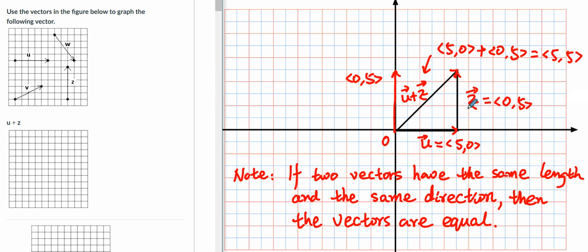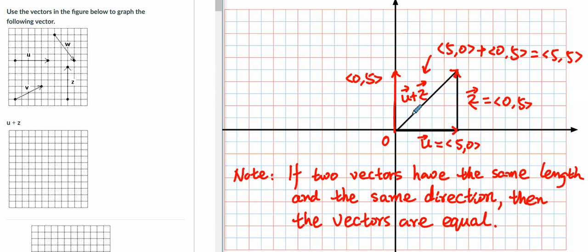So u plus z, vector u plus vector z, is the vector right here. That will be 5, 5 is the ending point, the sum of those two vectors.